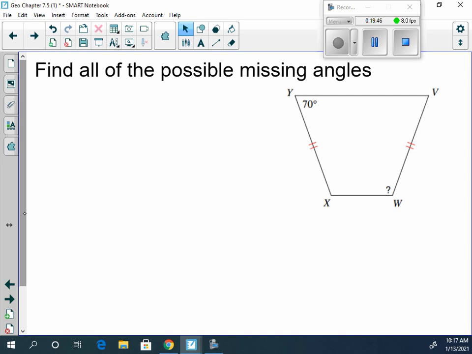Find all the possible missing angles. They told us one of the angles is 70 degrees. So where can we go from there? These are going to be 70 degrees.